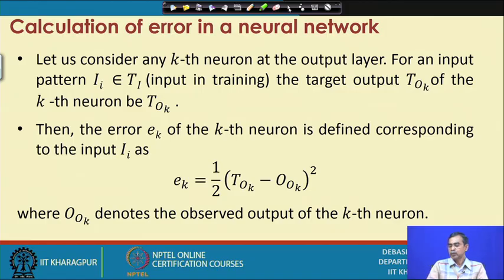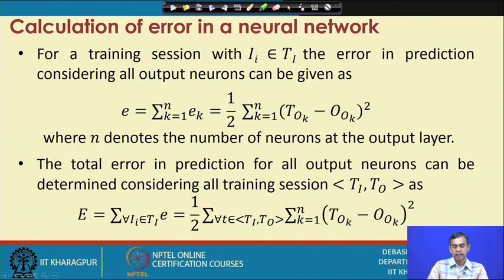Now, this error can be used to calculate the error function E. Here, the total error E, denoted as this small e, is summing up the errors from all neurons that are there in the output layer. So, k equals 1 to n, E k, basically calculates all errors that can be obtained for a given input that belongs to the training sets, and then it will sum. So, this is the summation form.